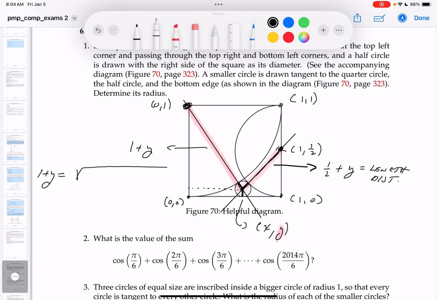Let's do the Y first. It's going to be 1 minus Y, and then 0 minus X. I'm going to square both sides. I get 1 plus Y quantity squared is equal to 1 minus Y squared plus, I'm just going to put down X squared there.